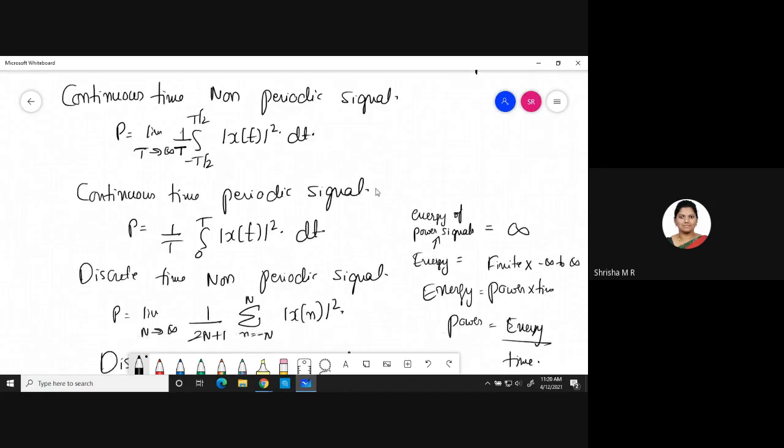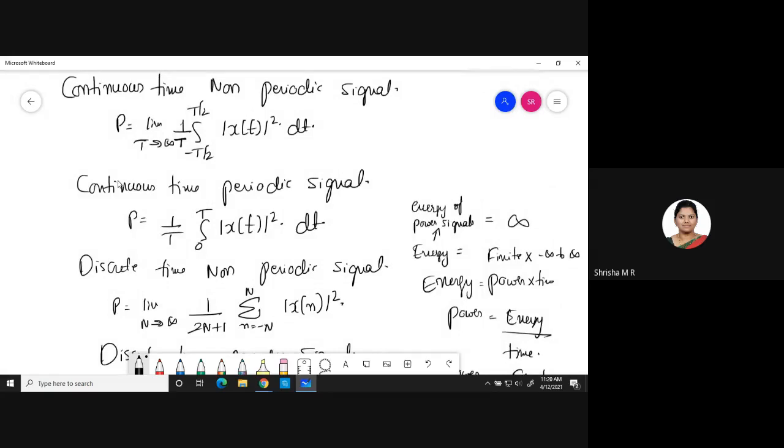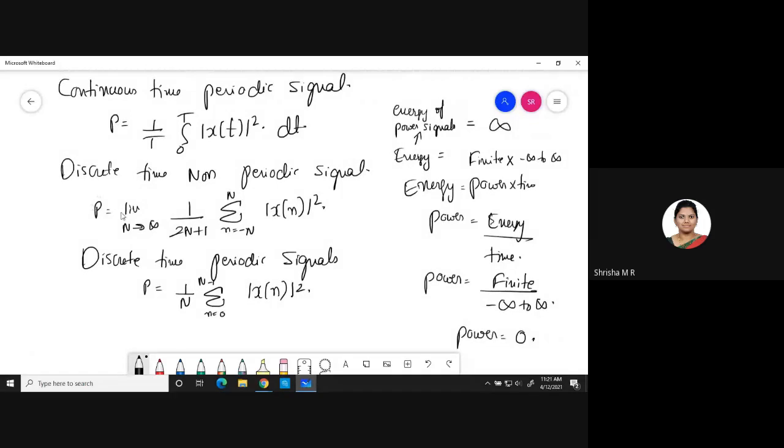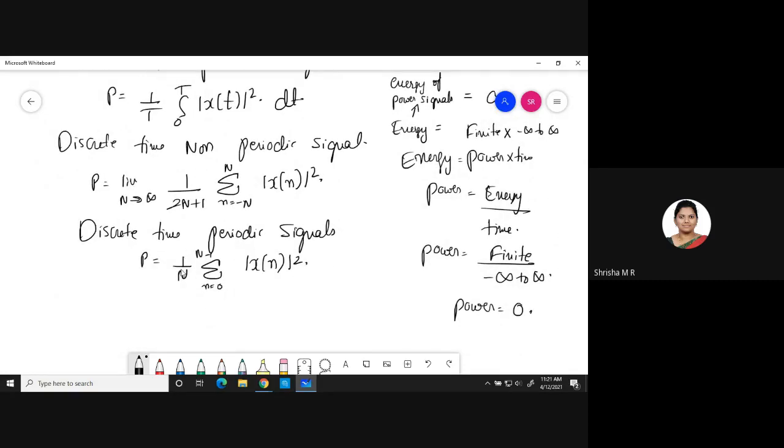For continuous periodic signals, power is given as 1 by t integral 0 to t of x of t square into dt. Coming to discrete time non-periodic signals, P is equal to the limit as n tends to infinity of 1 by 2n plus 1 summation n is equal to minus n to plus n of x of n square. For discrete time periodic signals, P is equal to 1 by n summation n is equal to 0 to n minus 1 of x of n square.